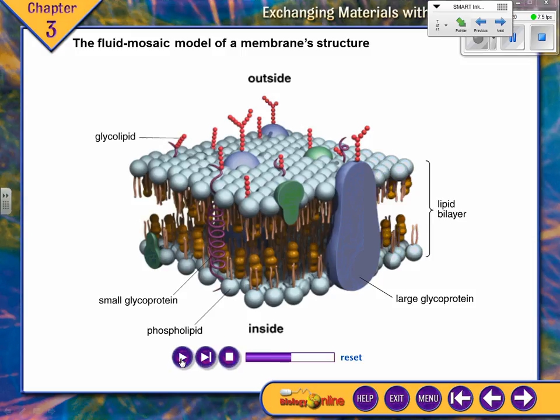Glycoproteins and glycolipids act as antennae that receive chemical messages from other cells. Proteins extending through the bilayer or embedded in the membrane's inner or outer surface make the surfaces asymmetric. Carbohydrate chains may be attached to both lipids and proteins. Membranes in animal cells also contain cholesterol.